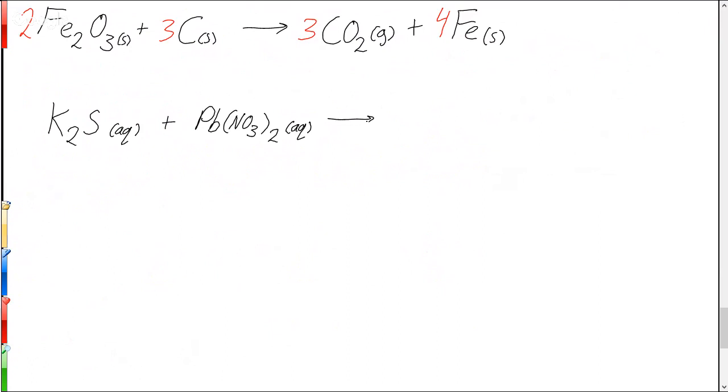So if I said, predict the products of this reaction, what type of reaction is this? This is double replacement. How do we know it's double replacement?